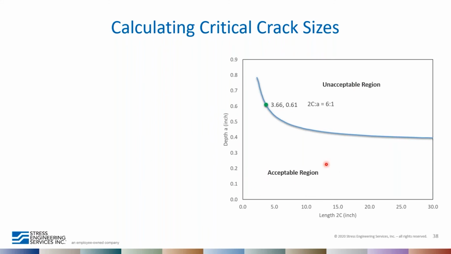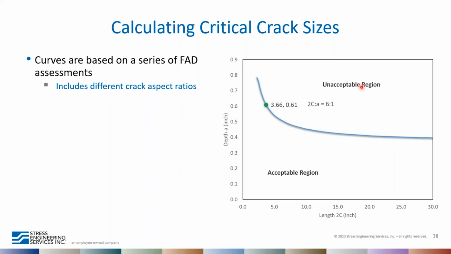So sizes that are below the curve are acceptable, and sizes above the curve are unacceptable. These curves are determined based on a series of failure assessment diagram assessments for different aspect ratios in order to capture the different points along the entire curve.